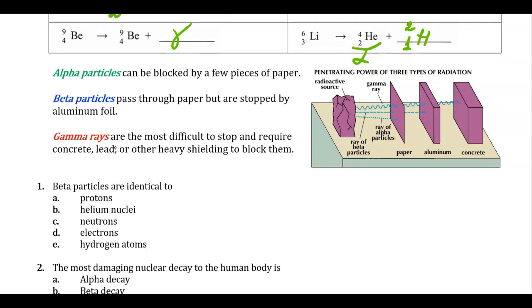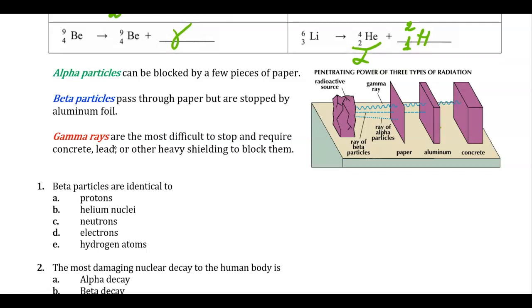The next one, beta decay, passes through paper, but it can be stopped by aluminum foil, for example, and you can see the ray of beta particles, and it shows that it is stopped by aluminum foil.